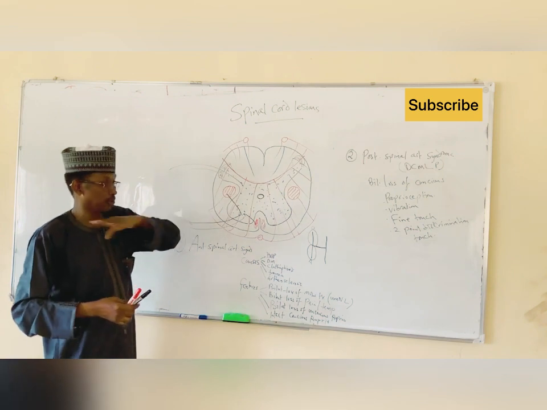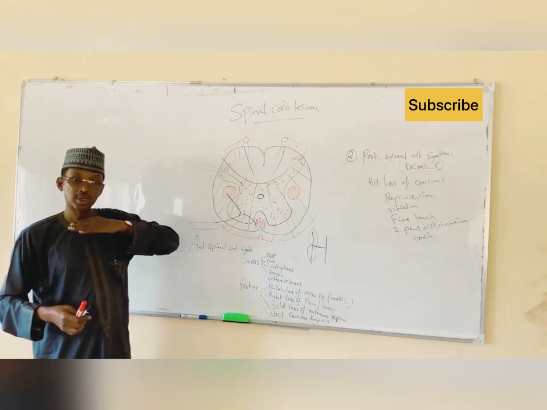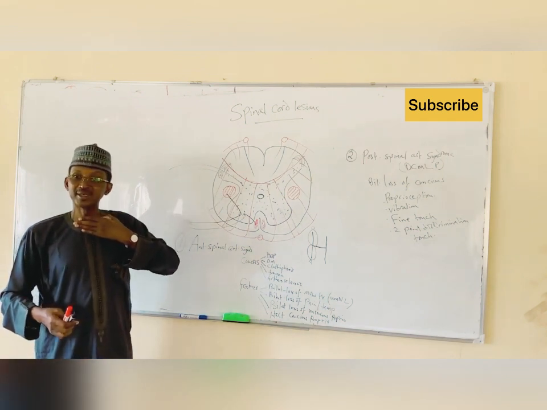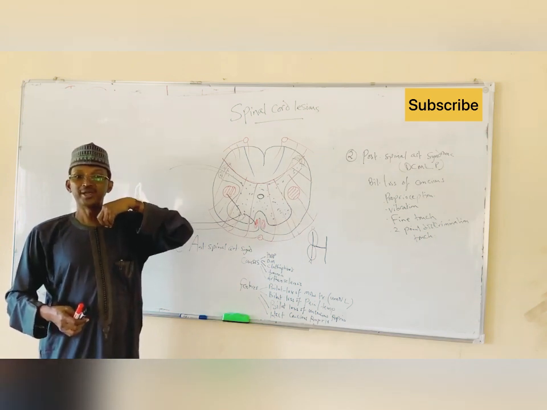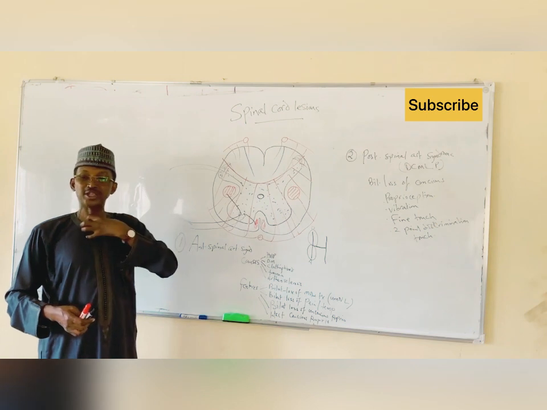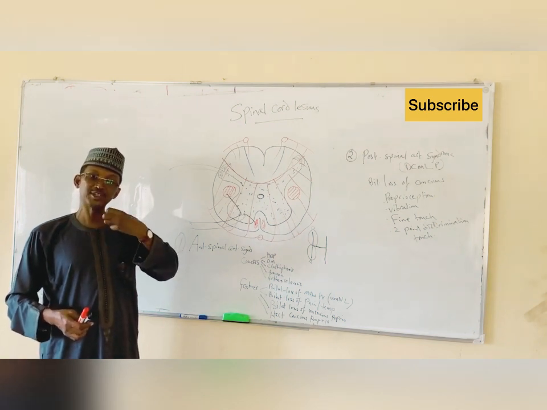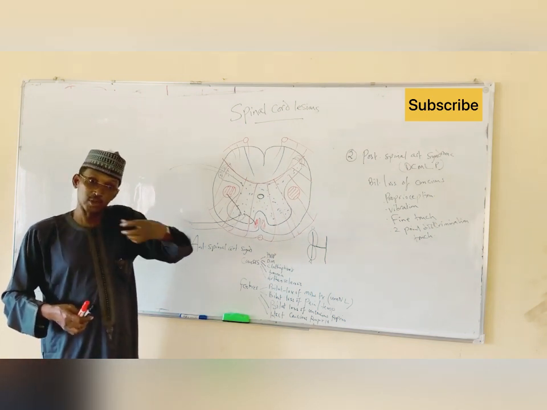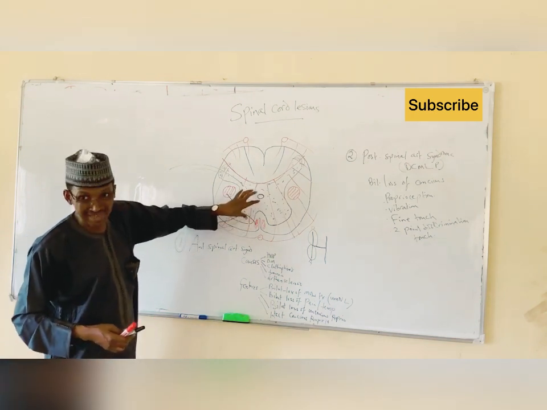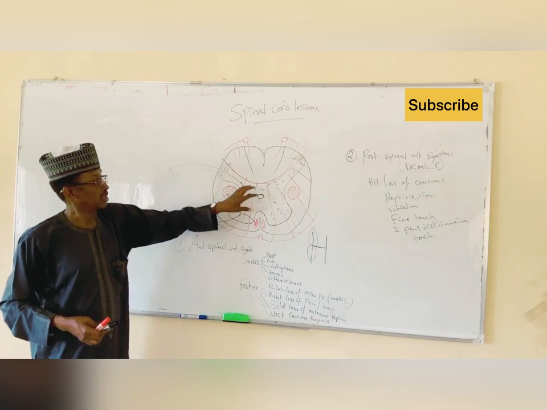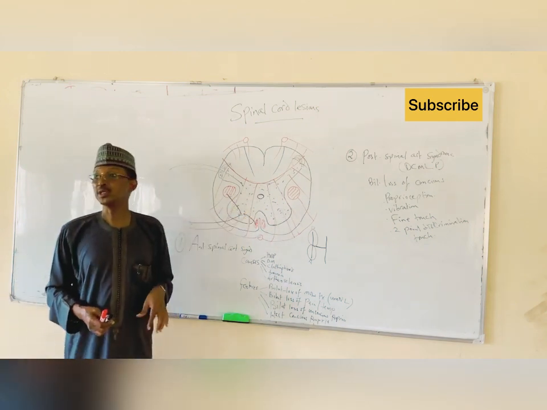That means when you take a cross-section of the spinal cord, you divide it into three parts: anterior 1/3, middle 1/3, and posterior 1/3. So the anterior 2/3, that means the anterior 1/3 and the middle 1/3, constitute the anterior 2/3 of the spinal cord. So the anterior two-thirds of the spinal cord is supplied by this anterior spinal artery.